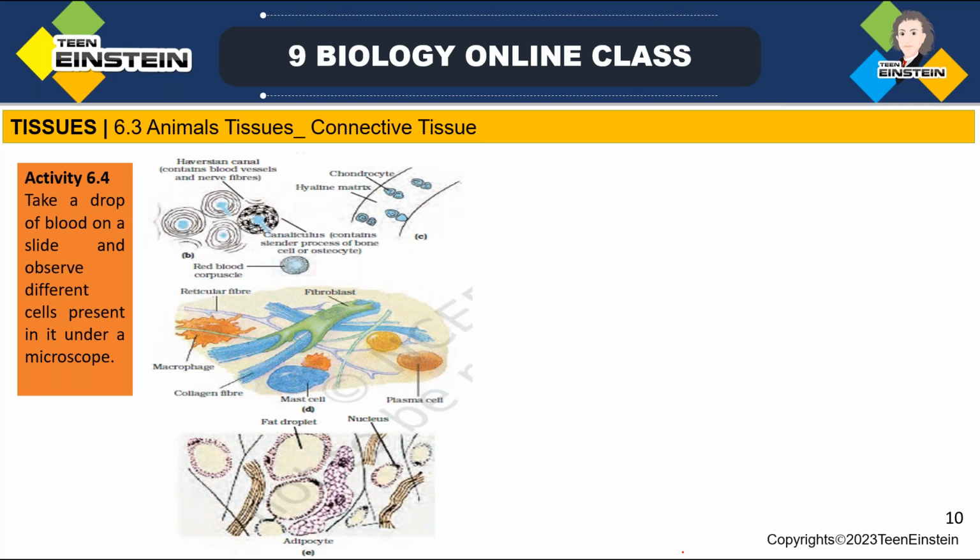Another type, you can see here, is cartilage. Another type of connective tissue. So here you can see blood, then bone, cartilage. This is also another type of connective tissue, cartilage.